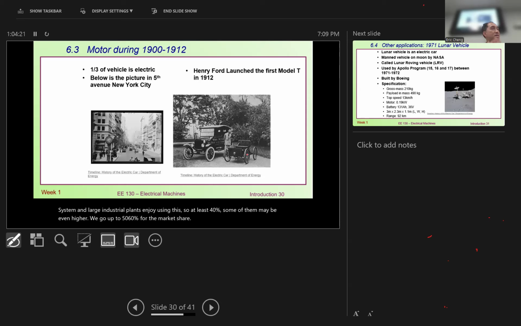Having said that, looking back 100 years ago, this is one of the pictures taken in New York City.